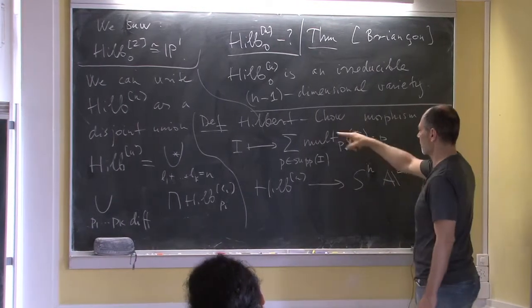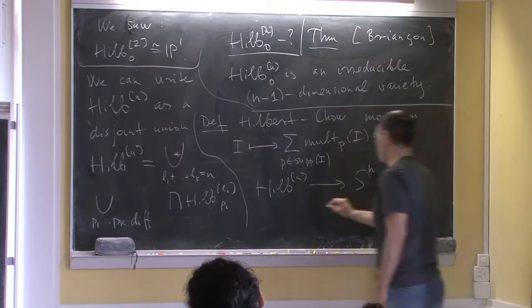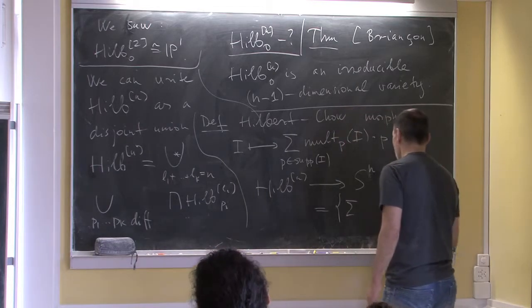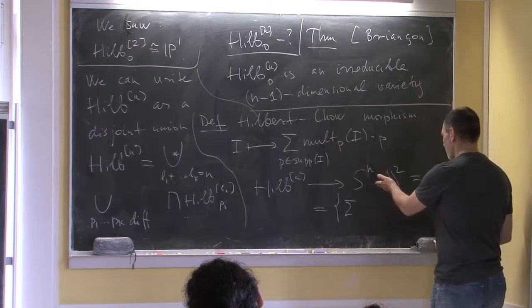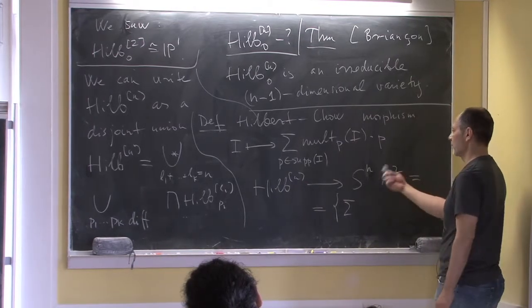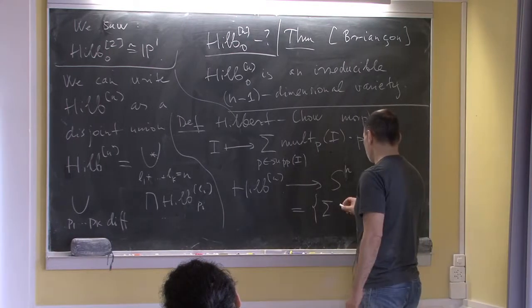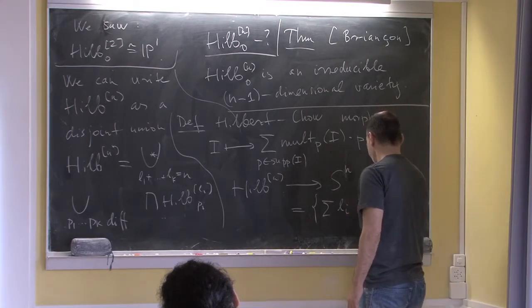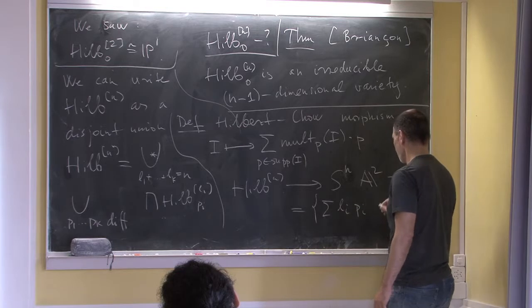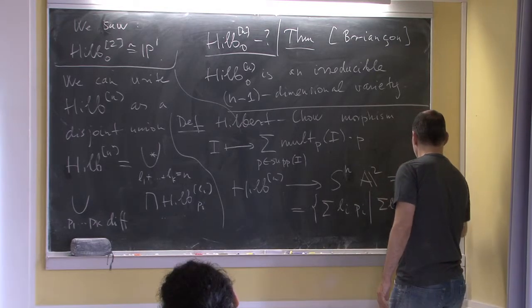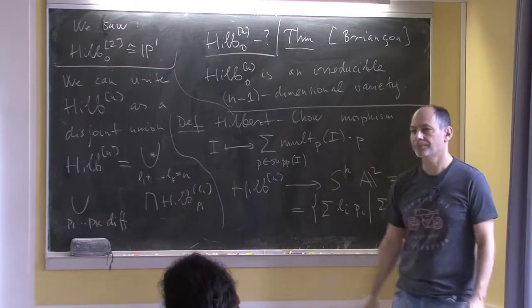By symmetric product, I precisely mean the formal sum. There are various ways of looking at it: this is a space, you can look at it as the product divided by the symmetric group, or just formal sums.